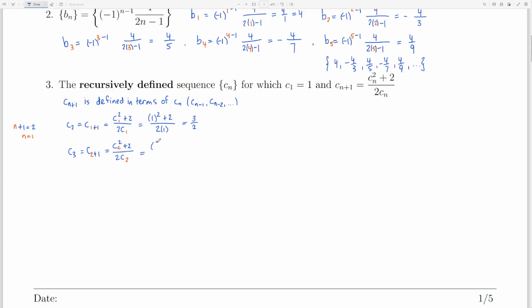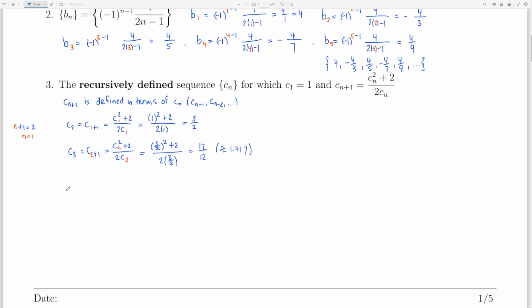Now C2 is 3 over 2 squared. We add 2 to that, and then we divide by 2 times 3 over 2. And I won't bore you with how to simplify this. It simplifies to 17 over 12, which is approximately equal to 1.417.